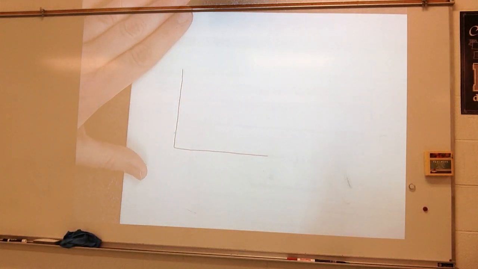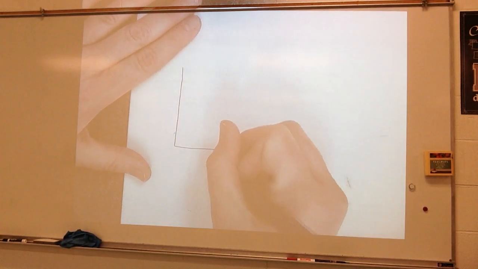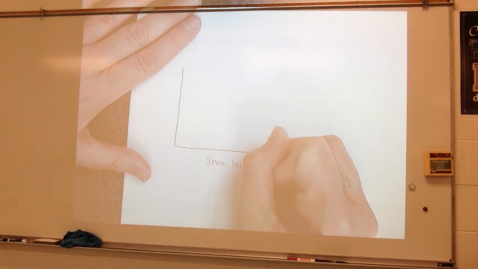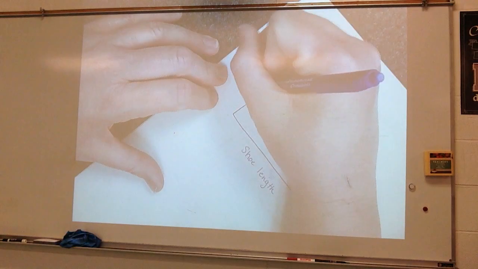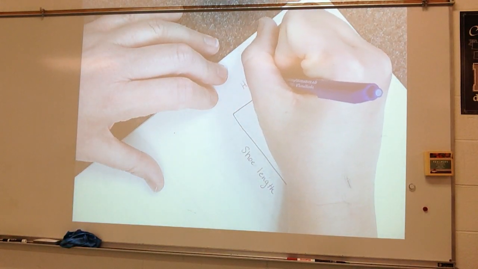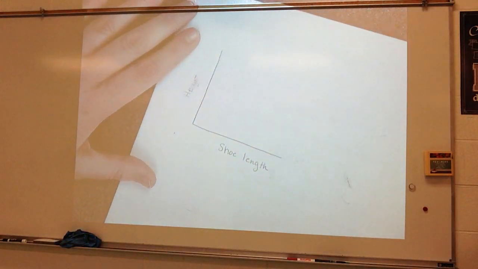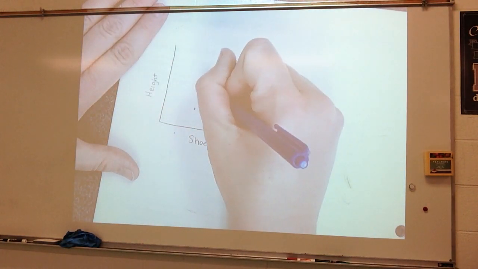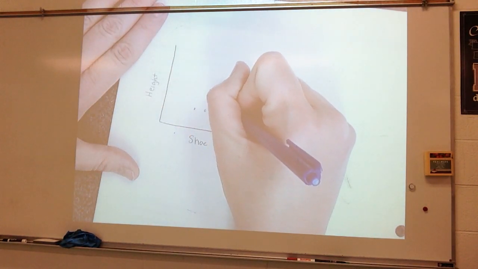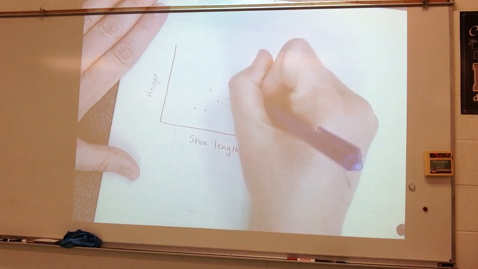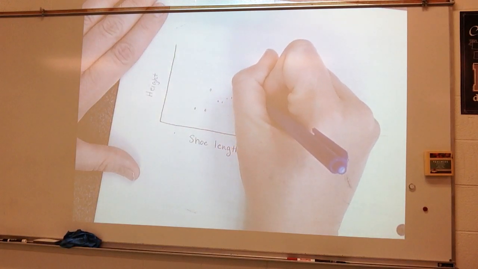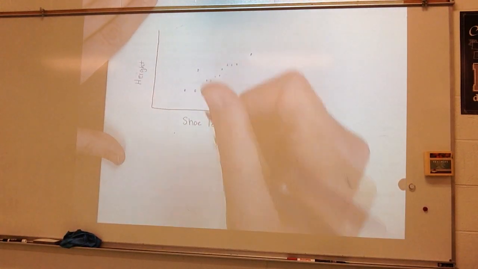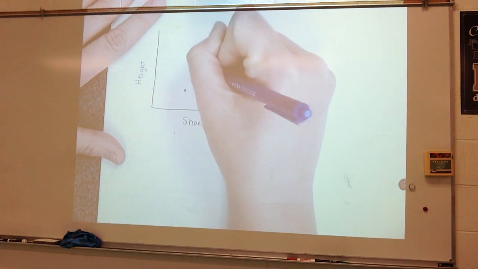So this is our shoe length, and this was our height. I'm not going to do a huge scale here. I'm just going to tell you that this is about what the scatter plot would look like.